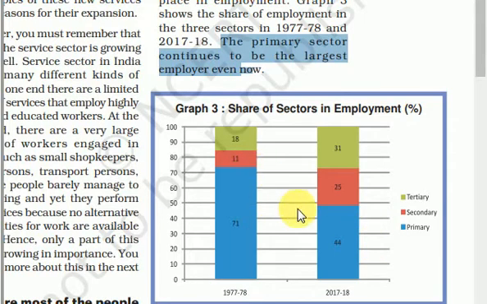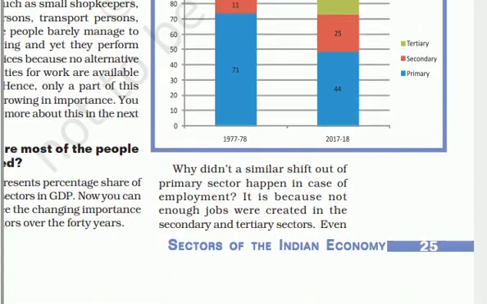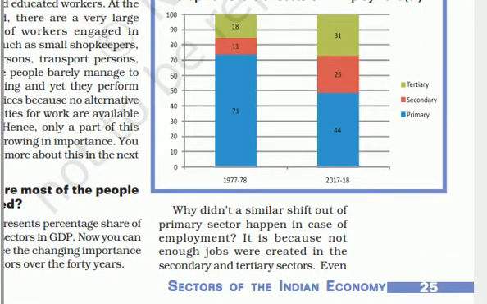There is a slight decrease in the employment in 17-18 in the primary sector and an increase in secondary and tertiary, but still a huge number of workers are working in the primary sector. So in this manner we can say the primary sector employs more people as compared to the other two.